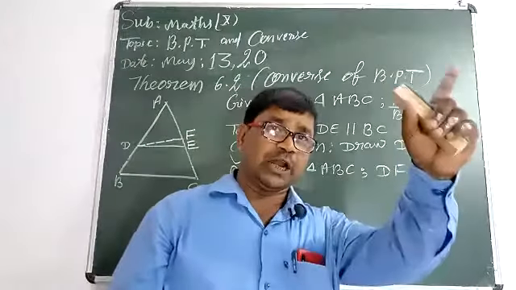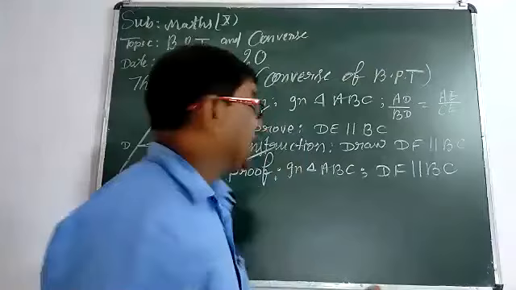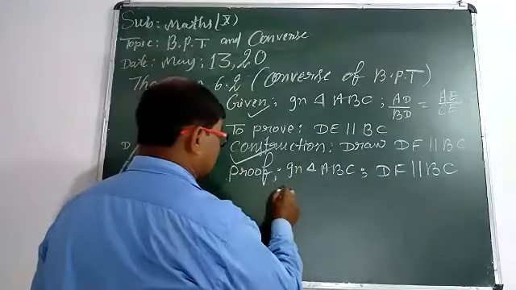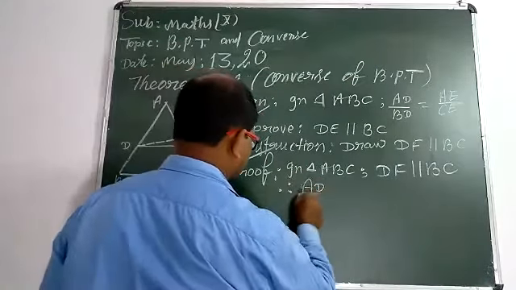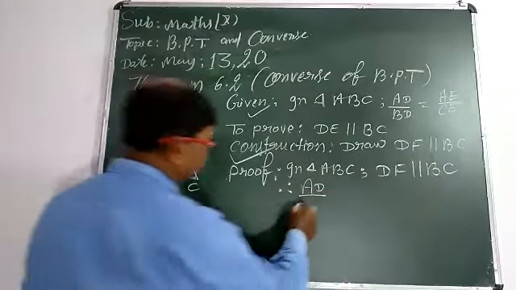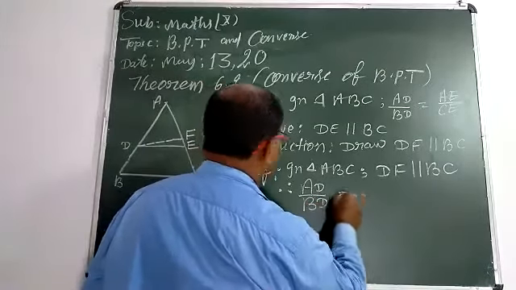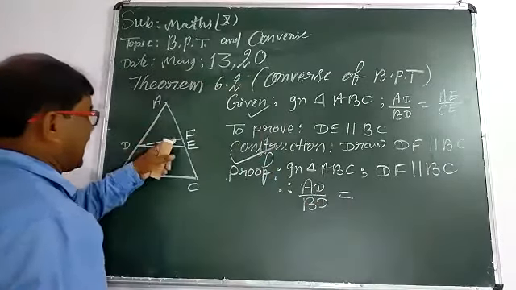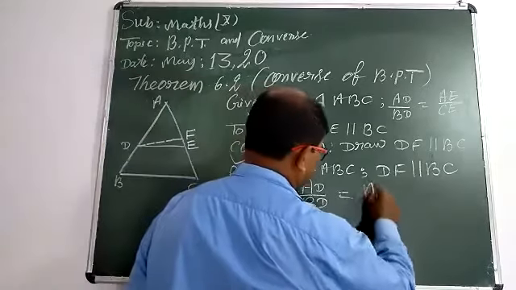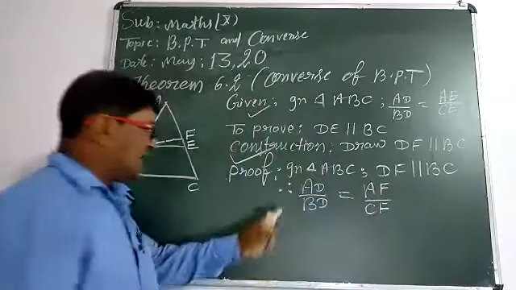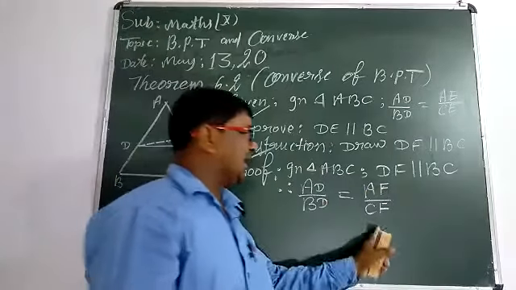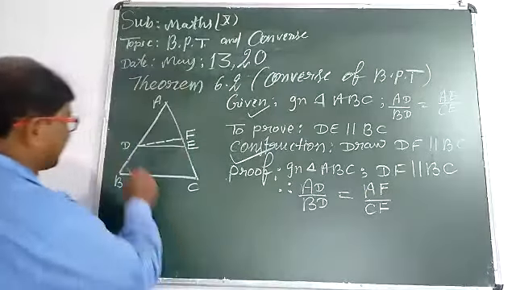Now recall your formula, I mean BPT. By the help of BPT, you should write that AD upon BD equals AF upon CF.